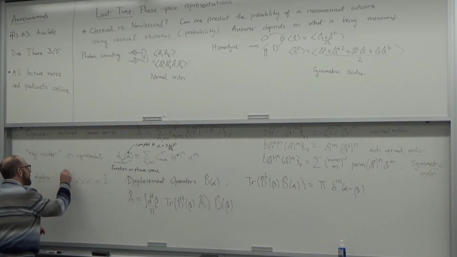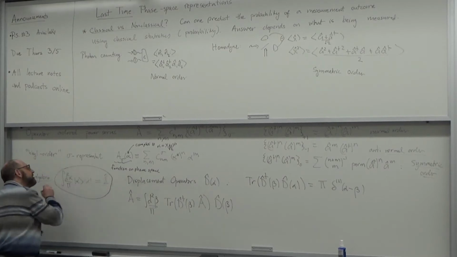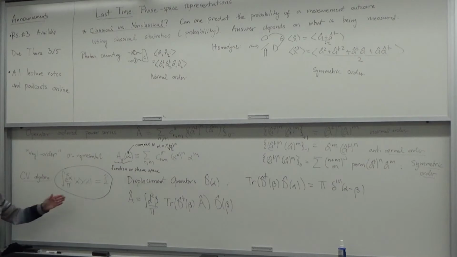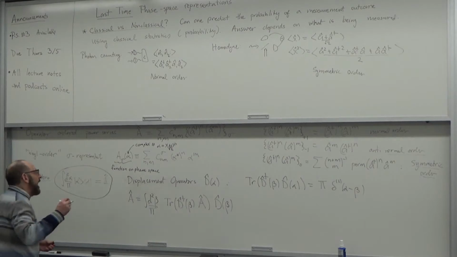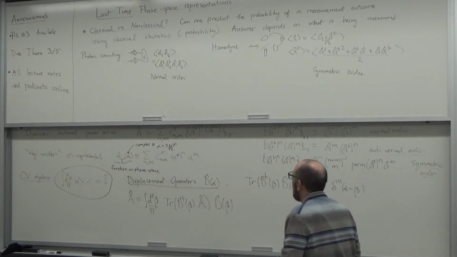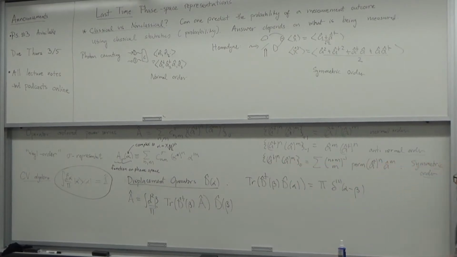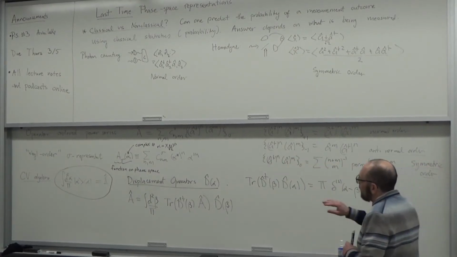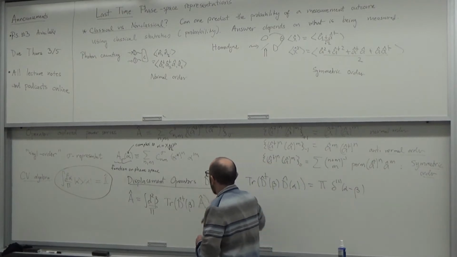So with this algebra, we have the completeness relation for the coherent states. That's an important algebraic relation we use all the time. And importantly, in thinking about these operator-ordered products, a key algebraic object that we consider is the displacement operator.